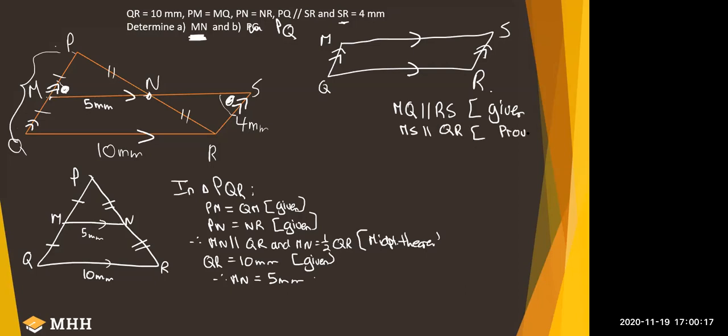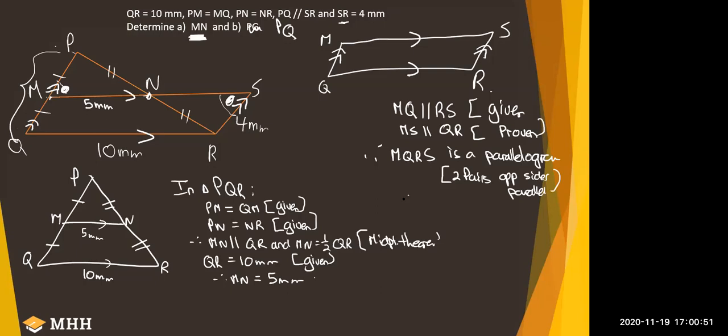Proven, because we just proved it now. So therefore, this shape is going to be a parallelogram. So therefore, MQRS is a parallelogram. Why? Because two pairs of opposite sides are parallel. Right? So it's a parallelogram.